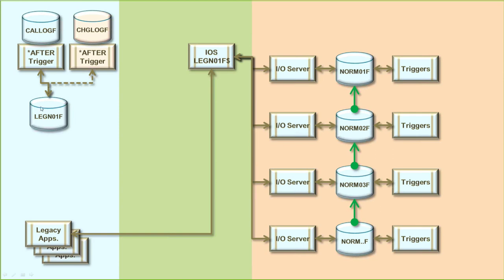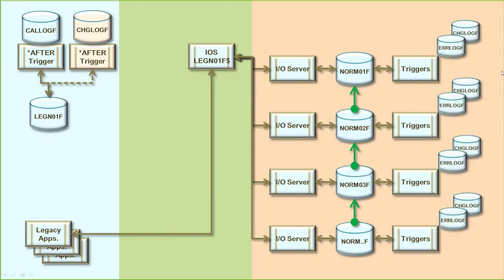I.e., bypassing this completely and going through this process, which by now you have tested 1,000,000 times, and puts the record into its normalized database. If you wish to continue using the error log functions, i.e. you don't want to crash your legacy apps yet, you can put the change log here and the error log files onto before and after triggers on all of these files.